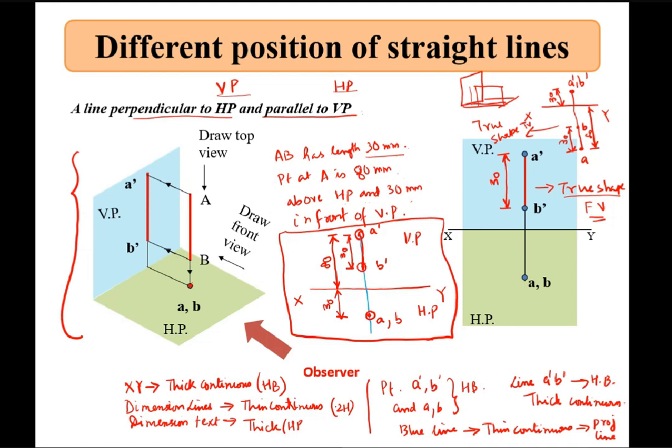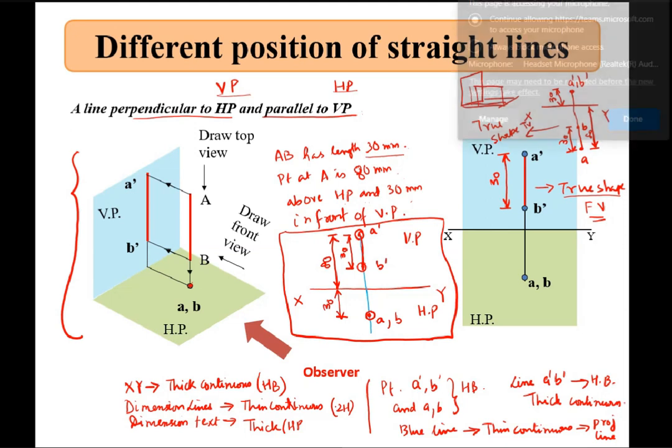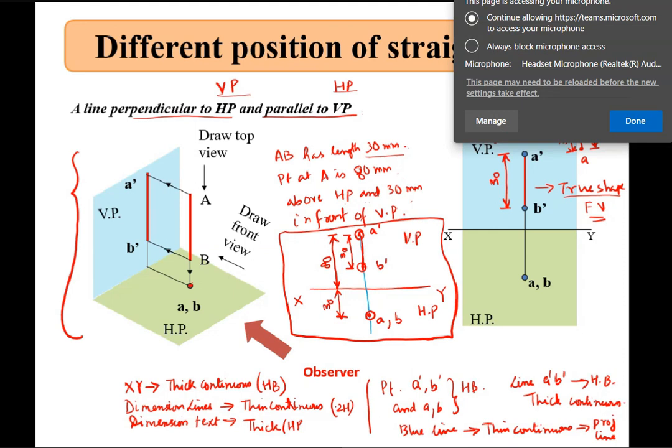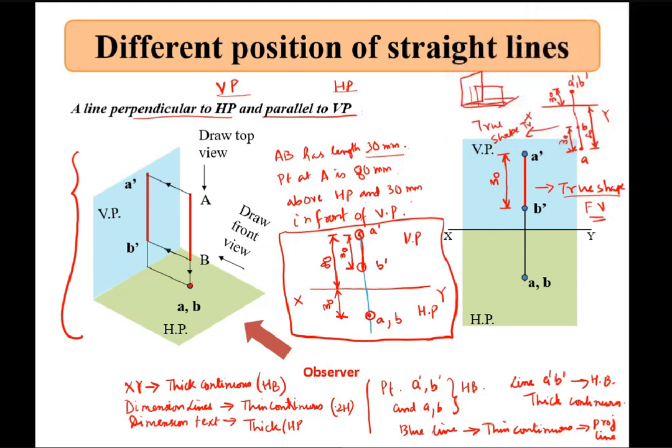Whenever any straight line is parallel to a plane, if you draw the projection on that plane, you are going to get the true length. So if the straight line is parallel to HP, you will get the true length on the HP.